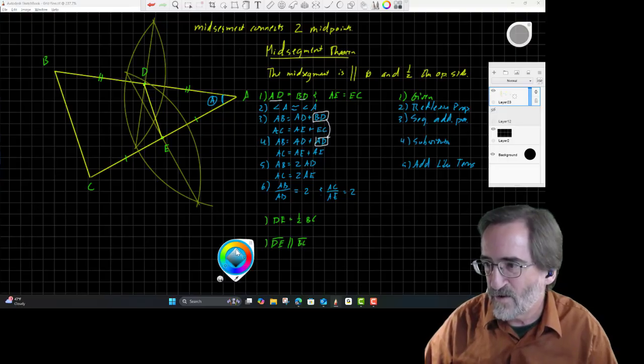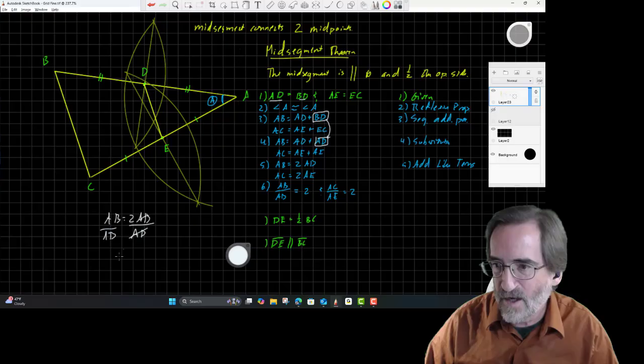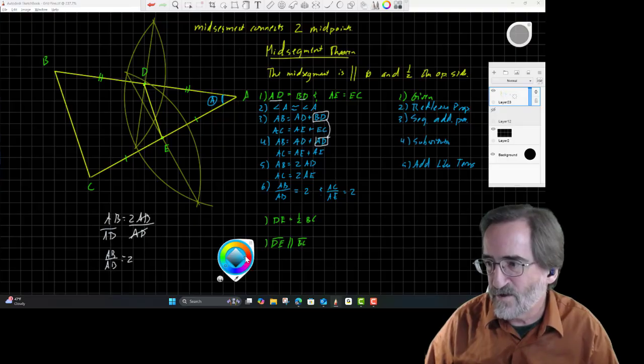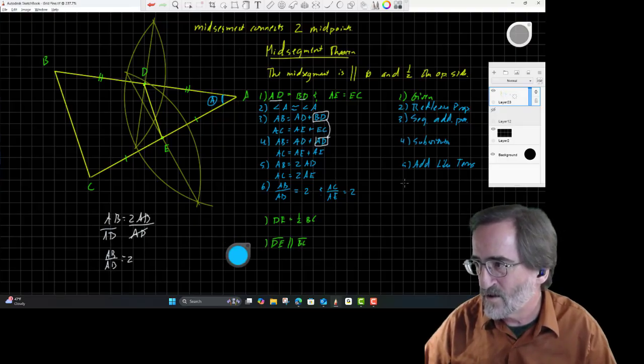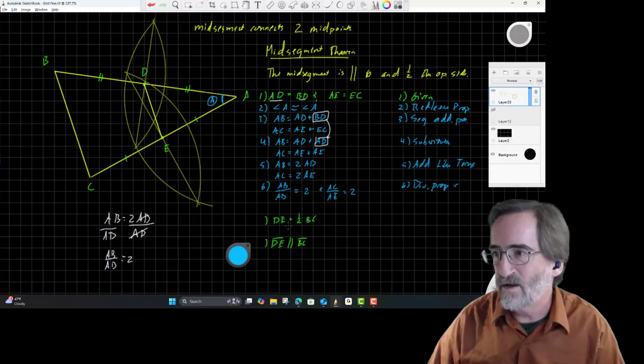Let me show you what I did here. So we have AB equals 2AD, divided both sides by AD. The ADs cancel, we get AB over AD equals 2. So that's the division property. So step 6, division property of equality. I can divide both sides by the same thing.